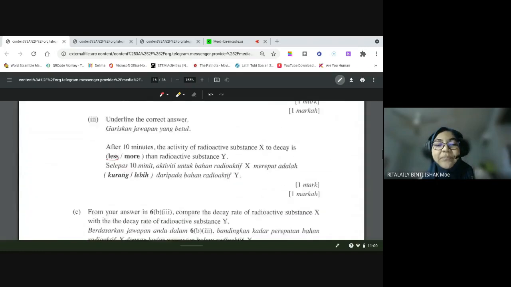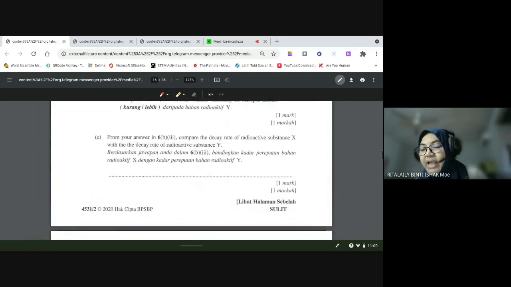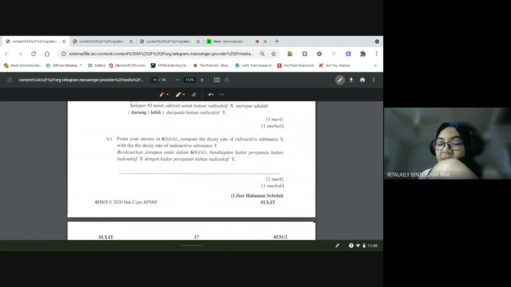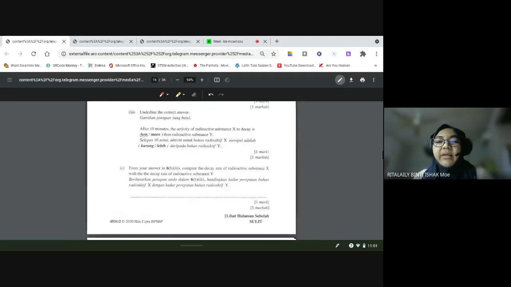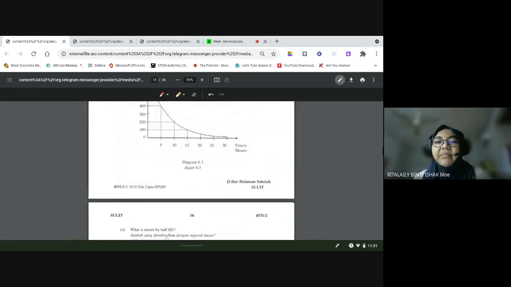From your answer, compare the decay rate of radioactive substance X with the decay rate of substance Y. So, yang mana decay rate-nya lebih besar? X ke Y? Nak tengok macam mana? Nak tengok pada waktu yang sama yang mana lebih banyak decay.